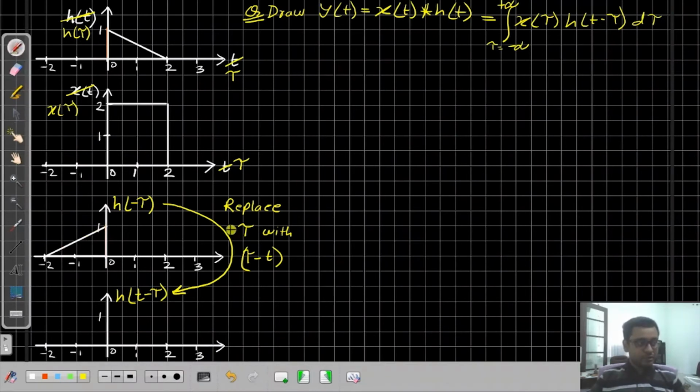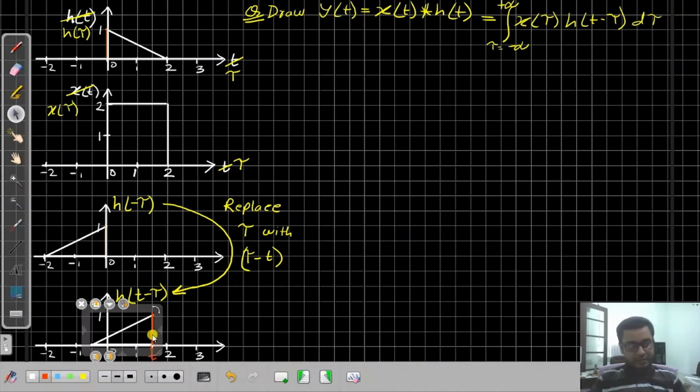Now suppose t is here. t is an arbitrary number, so it can be anywhere. Let's say t is here. If that is the case, then we will move this signal from here to here, such that the point which was at origin goes from origin to time equal to t.